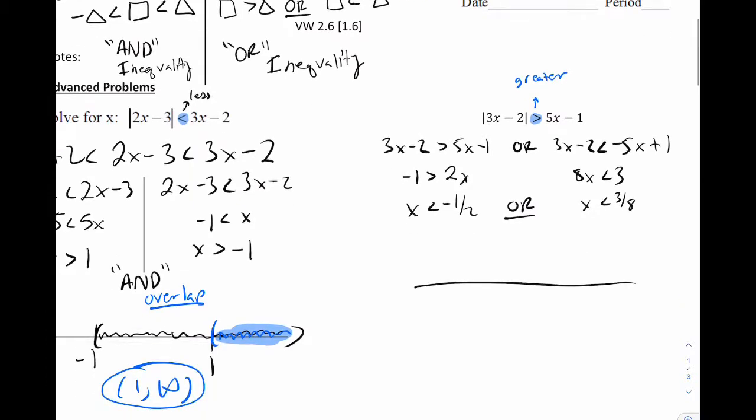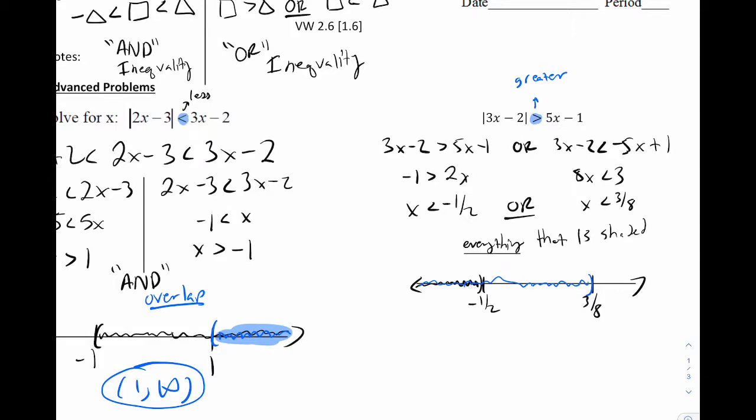So now when I graph this it's not the same thing. Even though the problem looks very similar, look what happens when I graph these answers. Negative 1/2 is all the way there, and 3/8 is all the way here. For OR problems, we're looking for the answer that satisfies this stipulation or this stipulation, which means the answer is everything that is shaded.